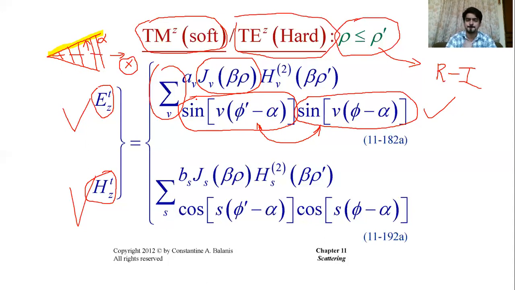Again, let me clear this out: all the prime coordinates define the direction and the location of your line source, or in general source, whereas unprime coordinates define the location and the direction of your observation point.